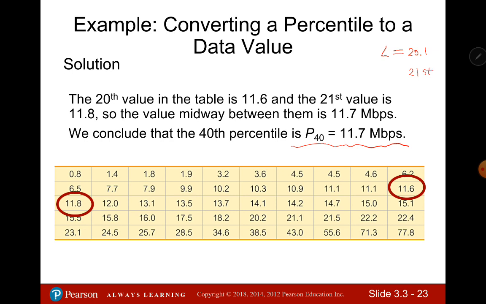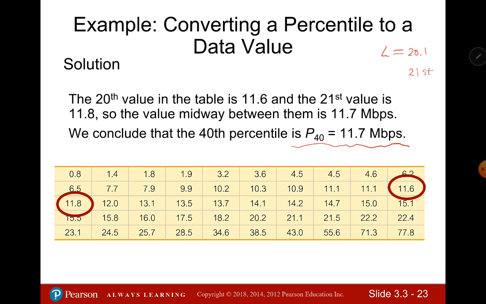We only need to check which value is the 21st. If it's not a whole number, we only need to check the next whole number. But if it's a whole number, we need to check two values, then get the mean. This is the rule for how we get the corresponding x value for a percentile.